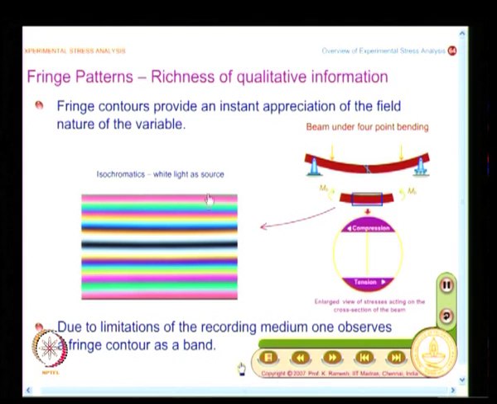So, one of the most challenging aspects is quantitative extraction of data from all these experimental techniques. But the focus of our attention now is to find out the richness of qualitative information that you could get from fringe patterns, because this gives you a sense of comfort in looking at and interpreting the fringe patterns.